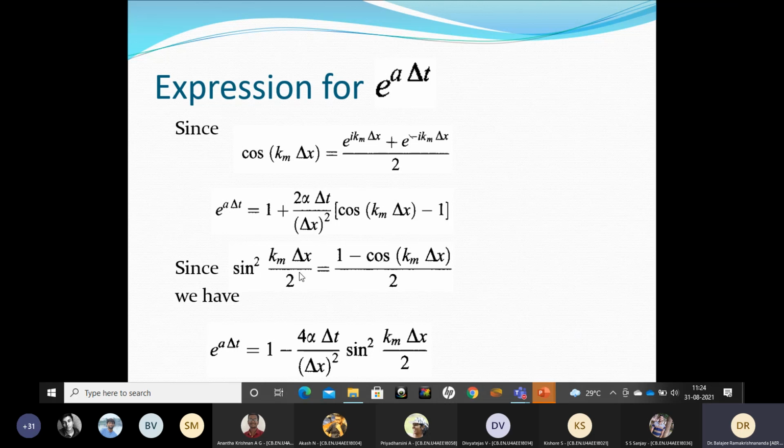Now sin squared km delta x by 2 is actually this one, no? 1 minus cos 2 theta by 2 is sin squared theta, because for cos 2 theta you have the formula 1 minus 2 sin squared theta. Using that, you can derive the expression. So again, you can substitute for this as minus sin squared km delta x by 2.